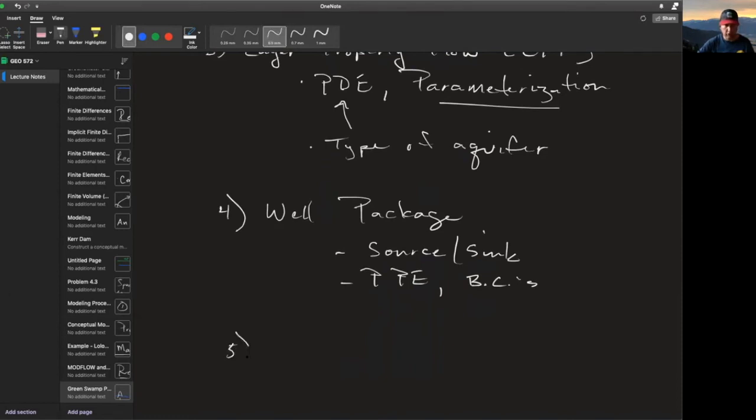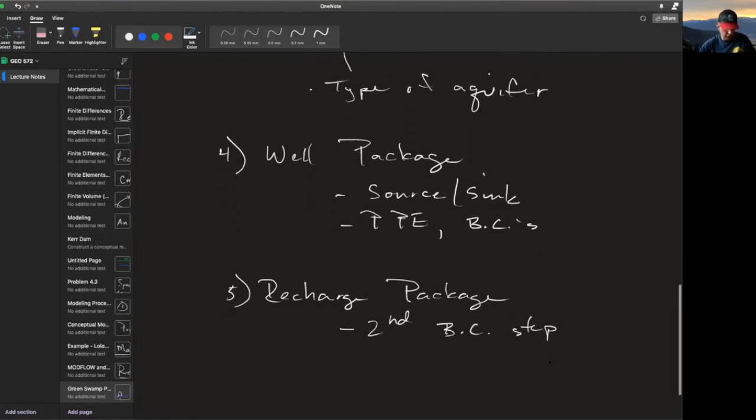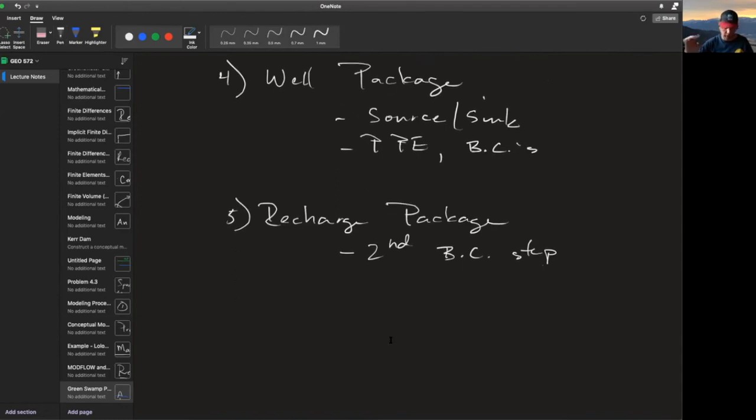We have recharge, so we're going to use the recharge package. This is the second boundary condition step, for a specific boundary condition, and that's recharge. It doesn't really affect the partial differential equation, but it does add our constant flux boundary condition, or our specified flux.